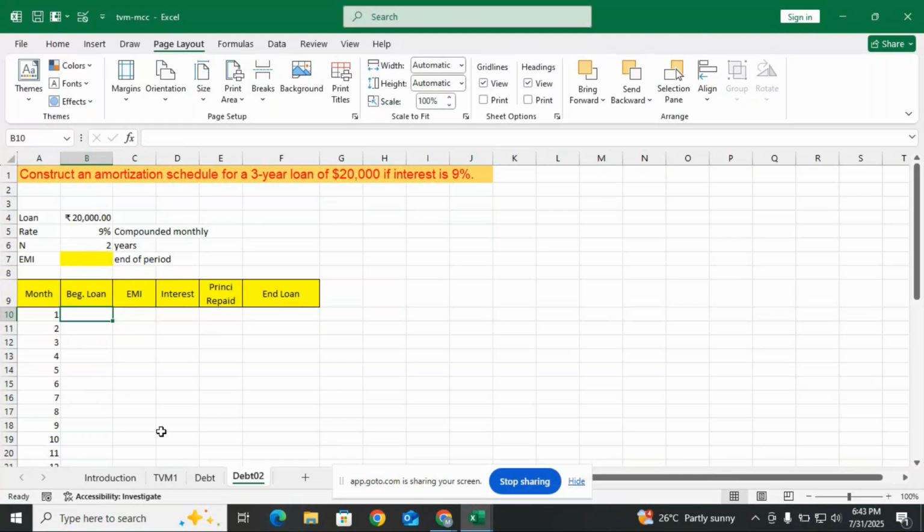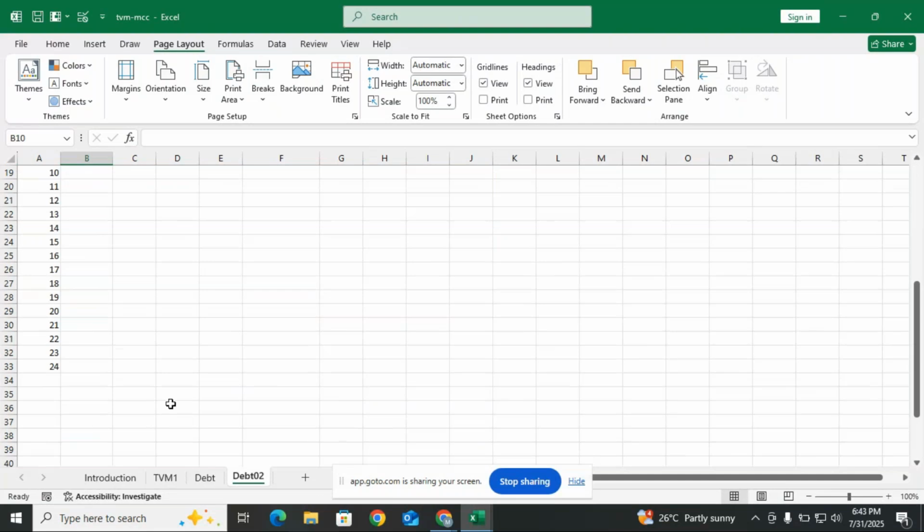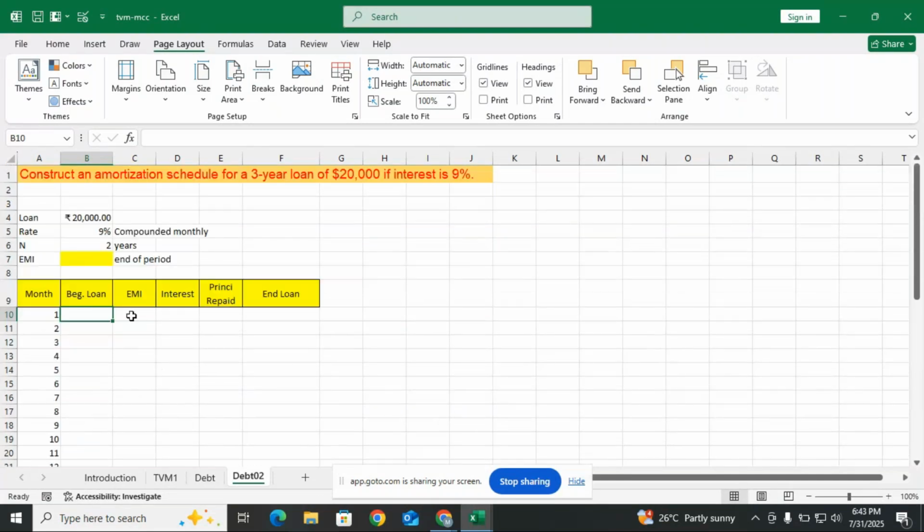So I'll just work it. This is only for 2 years, that was for 3 years. Only for 24 months. So you calculate the EMI and then what is the amount which has to be paid per month.